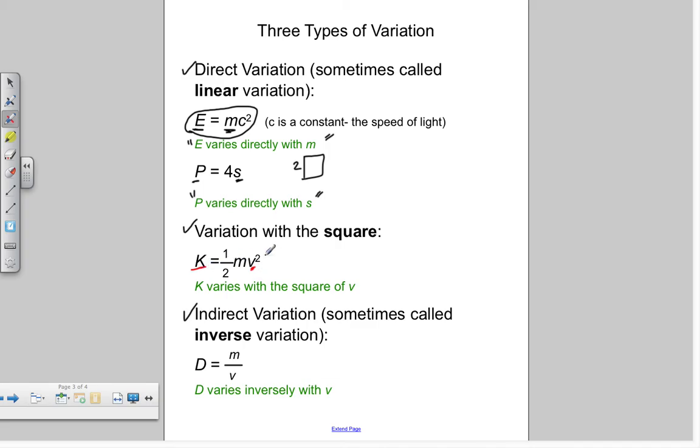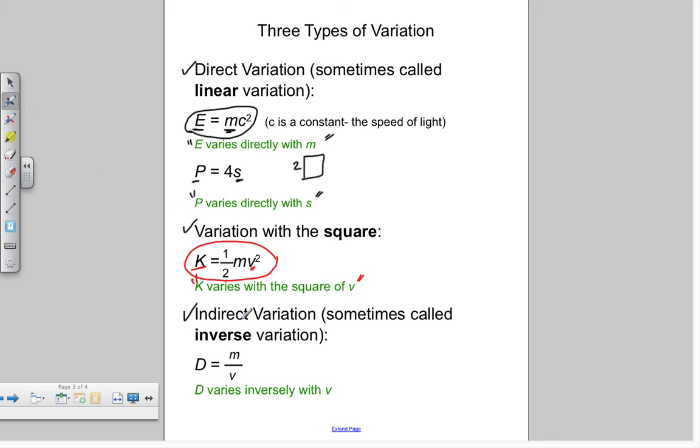But K and V squared are going to be the things that are changing. They will be the variables that we're looking at. So K varies with the square of V. This is also known as a parabolic relationship. This was linear, this one's parabolic. K varies with the square of V.